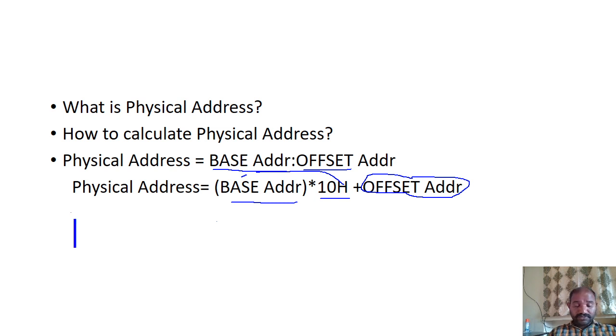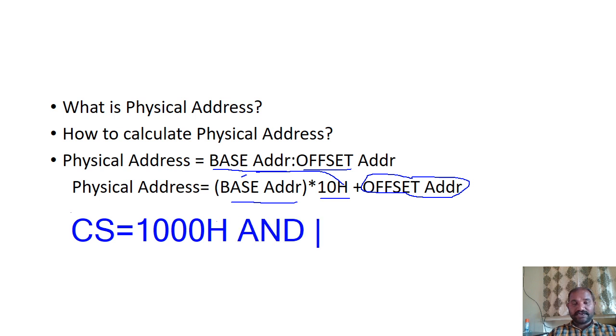Assume my CS value, CS equals 1000H, and IP value, IP equals 0003H. I forgot to write the H, I am supposed to write the H over here. The microprocessor uses the CS register value as well as the IP register value, and forms the 20-bit address.